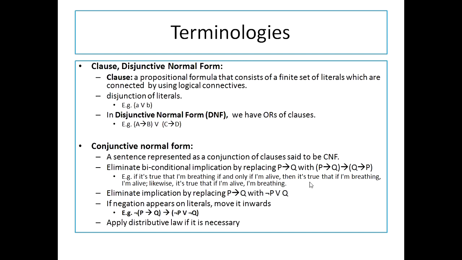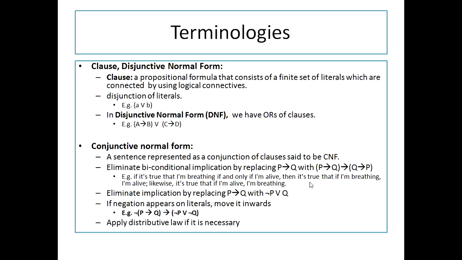For example, if you take a sentence like I am breathing if and only if I am alive, then it is true that if I am breathing I am alive. Likewise, we can express this in this way as well: if I am alive, I am breathing. So these two conditionals can be reduced by eliminating the biconditional implication.